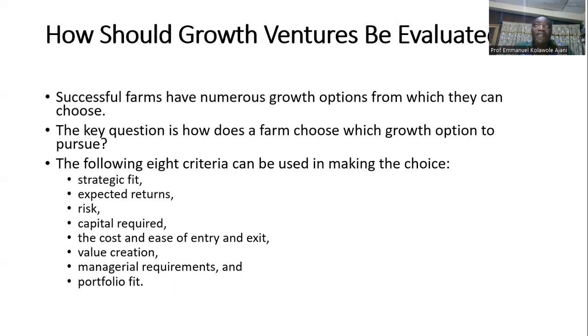The farmer may say, okay, my aim is to produce for the export market. What are the things that are required? The farmer needs to consider, just like I mentioned, the internal and external environment. You need to know that you have the competency, the resources, and the things expected to drive this, to exploit the export market.